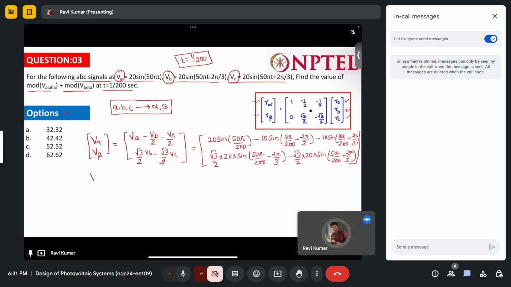So what are our V alpha and V beta? We just need to solve this. If you wish to solve them, then solve it. I am also solving.